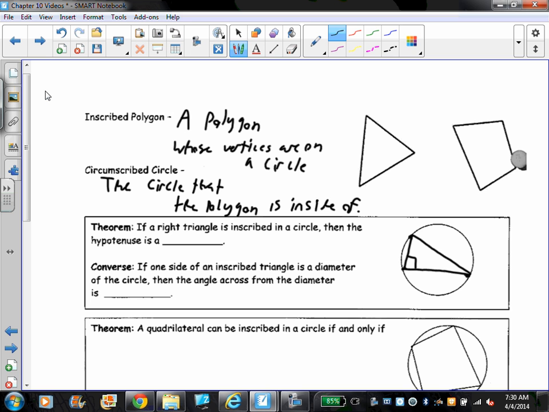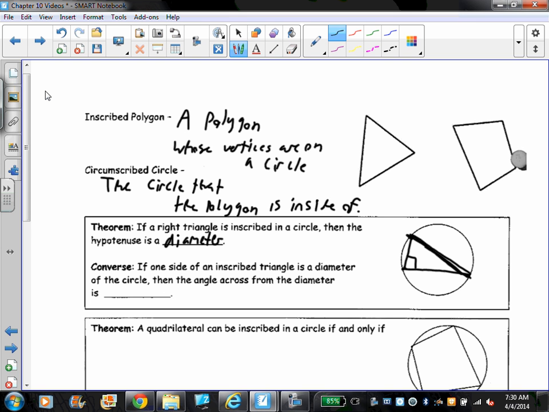What that would mean then is that the hypotenuse would have to be a diameter. So I knew that it wasn't a good drawing right away because this is supposed to be going through the dead center of the circle, but it's not. The hypotenuse will always be a diameter. If you want to make your drawing better than mine was, please feel free to.